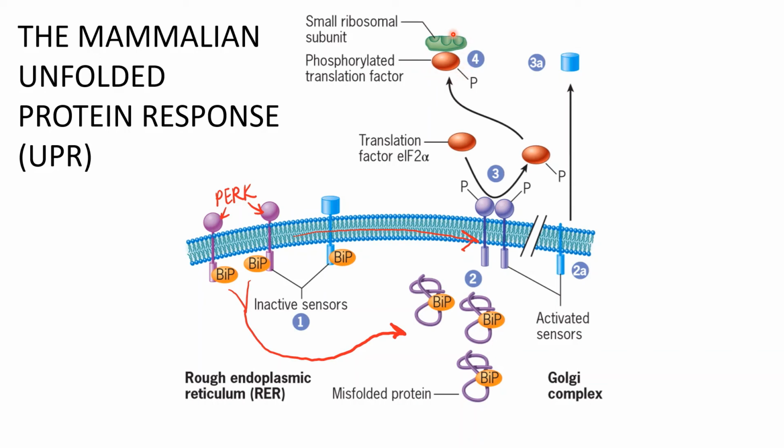Meaning to say, stop muna ang production ng proteins because we have proteins here to fold properly. So stop first. So you see the reaction there for the PERK. Okay, that's the PERK pathway.